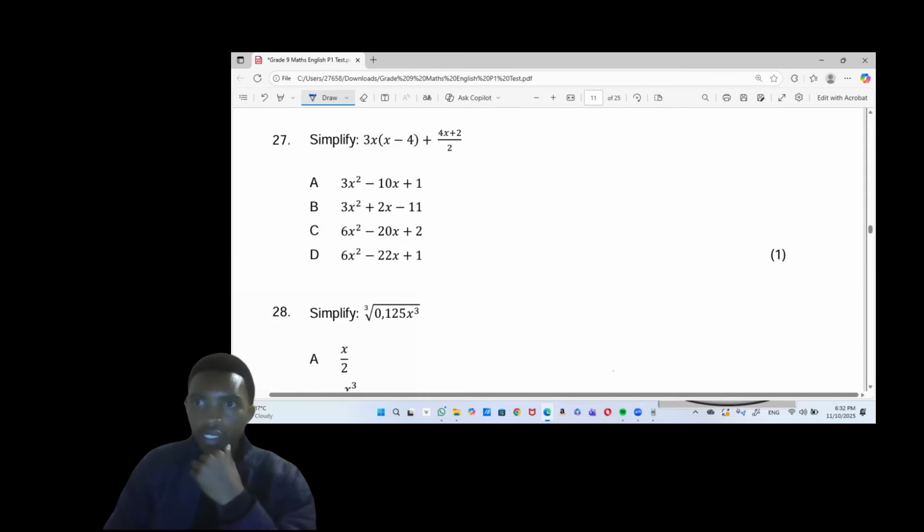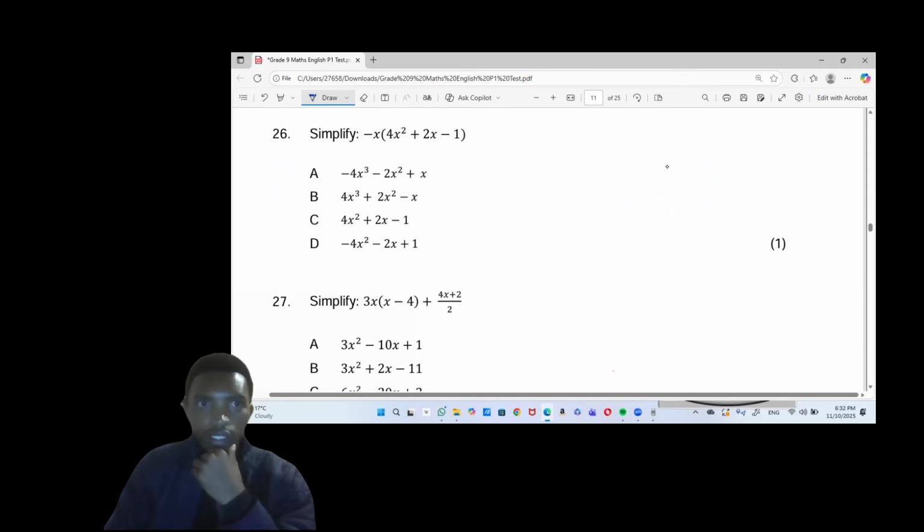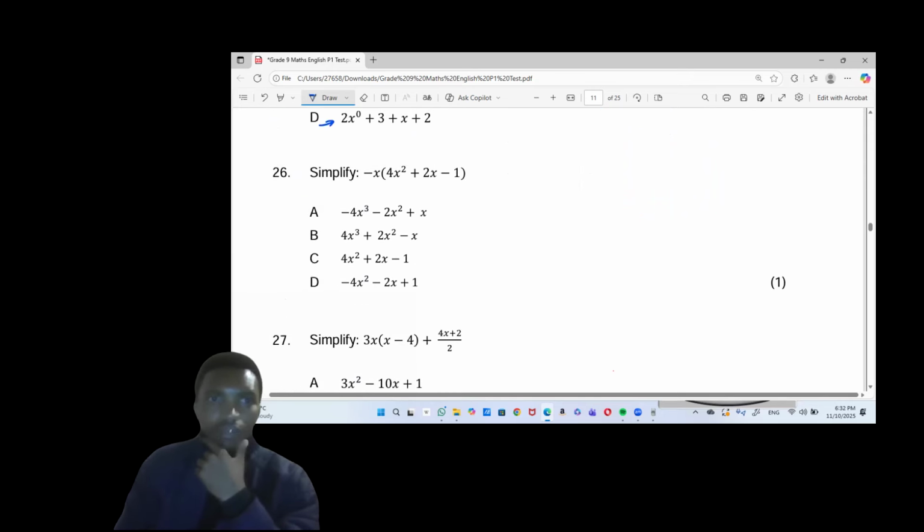And then here they're saying we should simplify. Simplifying here, what do we do? We multiply in here, right? So negative times positive is going to give us negative. 1 times 4 is 4. x times x squared is going to give us x cubed. Remember, we add the exponent. So that was the first one. The second one, we come here now.